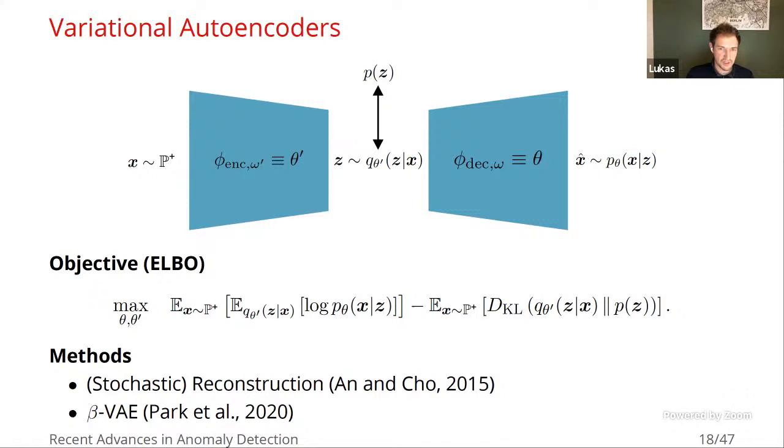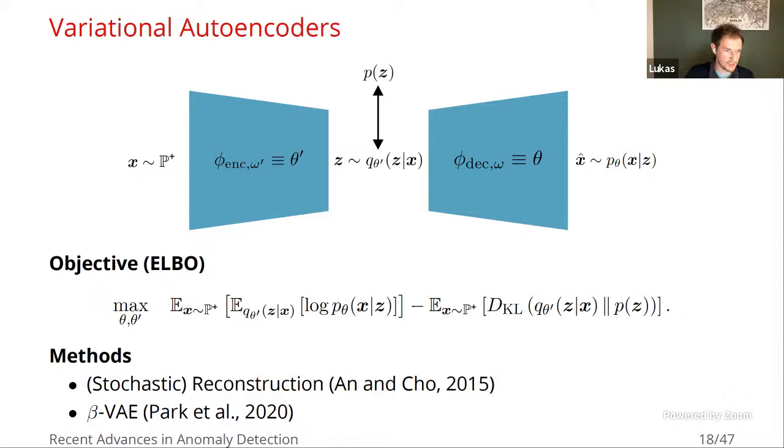But what people have found is that, at least for VAEs, anomaly detection performance tends to be better when using, after training of a VAE, solely the reconstruction error under this variational autoencoder.